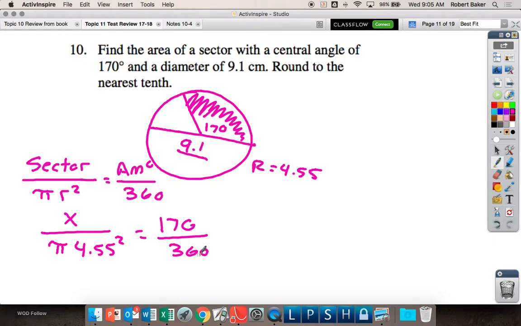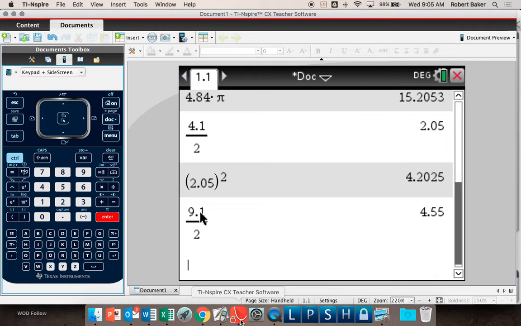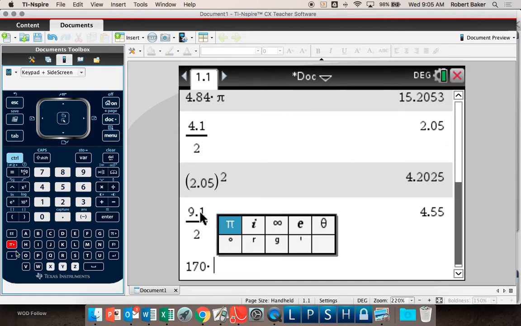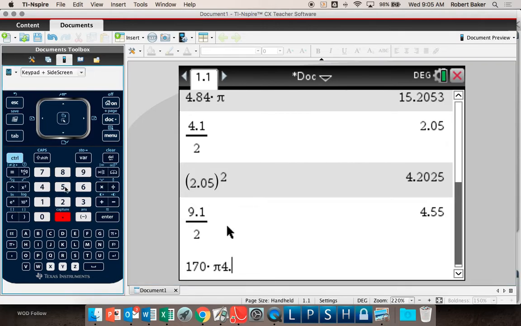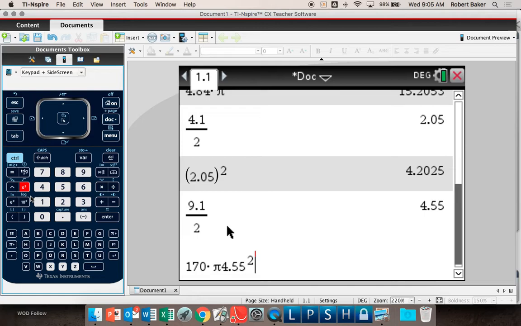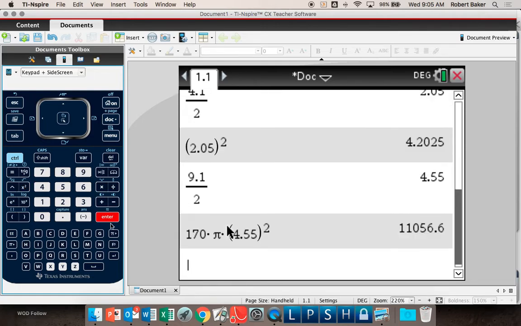In this scenario, we're just going to use our calculator to do all of this. 170 times pi times 4.55 squared. It gives us 11,056.6.